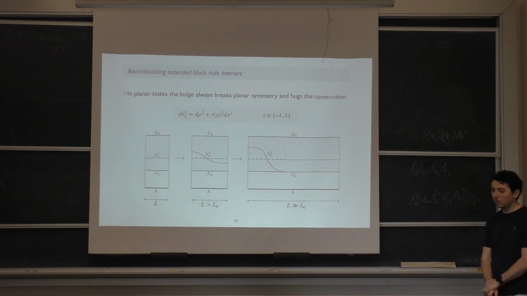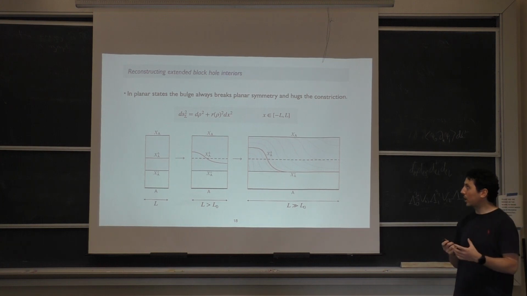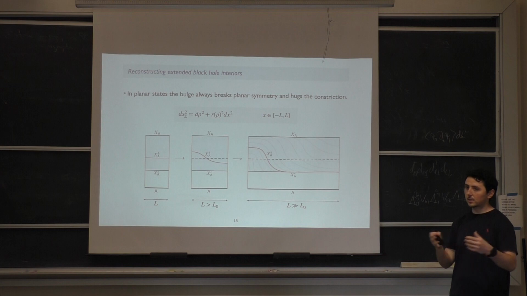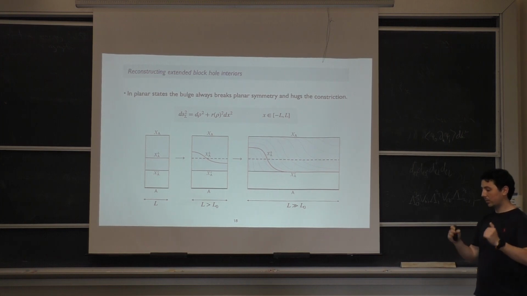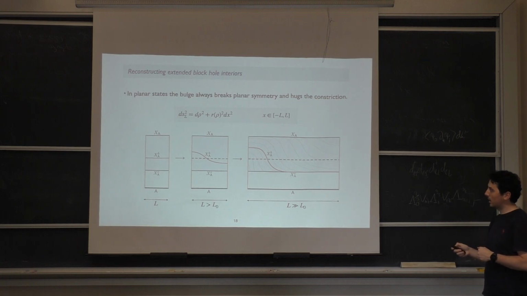Okay, let me now tell you something which has more importance for the outcome of the Python-Lagrange conjecture, which basically happens when trying to consider an extended black hole interior. So in this setup, consider a planar black brane in 1+1 dimensions. Let's consider a state of this planar system which contains a Python flange.